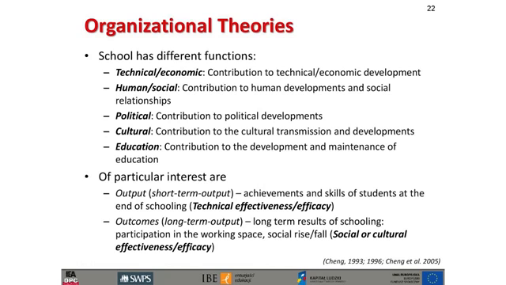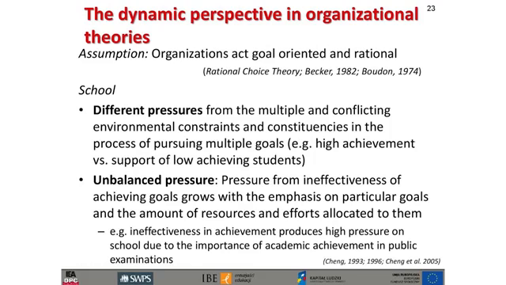One very important contribution from the organizational theories to recent models is the dynamic perspective on school effectiveness. The assumption is that organizations act goal-oriented and rational. So they are considered as a kind of living creature that has its own rationality.